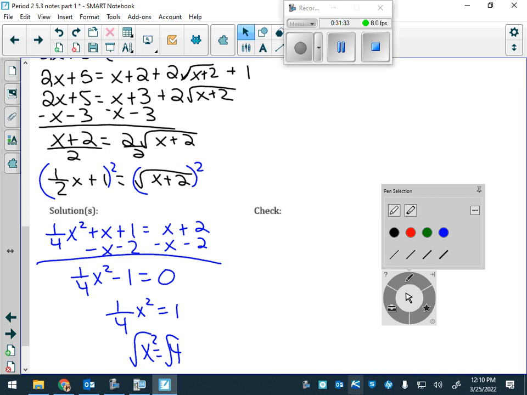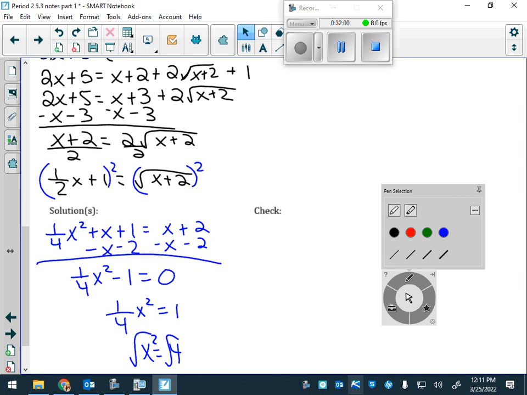Some others do a different way. However, there's some issues that happen with that. So from here, when you divide by 2, don't forget it's x divided by 2 and 2 divided by 2. A lot of you wanted to cross that out, and you cannot because they're together through addition. So 1/2 x plus 1. I get the 1 from 2 divided by 2.